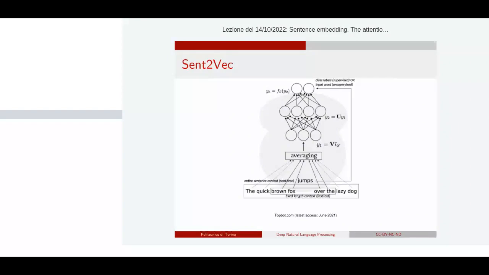The technicality is the same because practically the architecture is very similar. Here, you rely on fastText, so you partly overcome this issue. You consider the entire sentence here instead of a fixed size context.